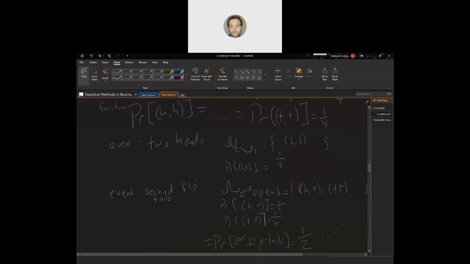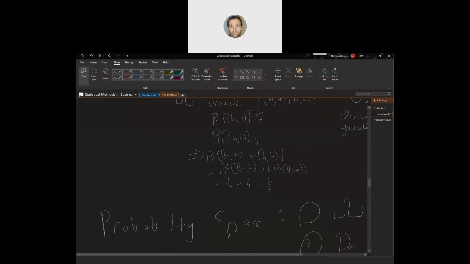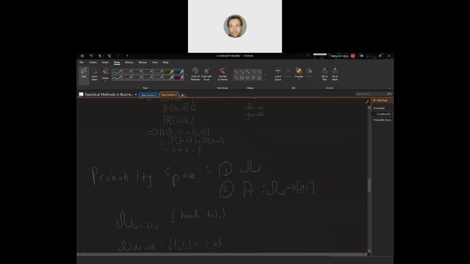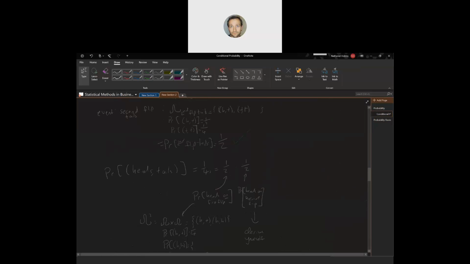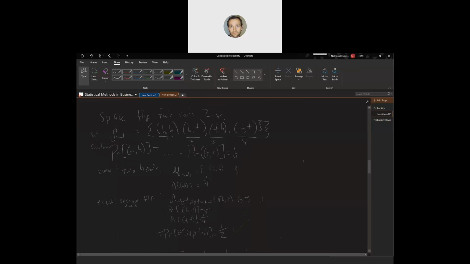Then we went through some more examples. I won't go through each of these again, unless you have a question about something in particular. This was about flipping a coin 2 times; this is more of a joint probability.